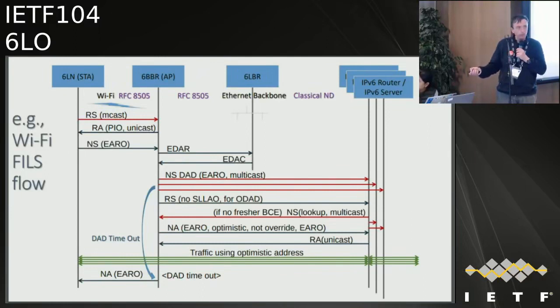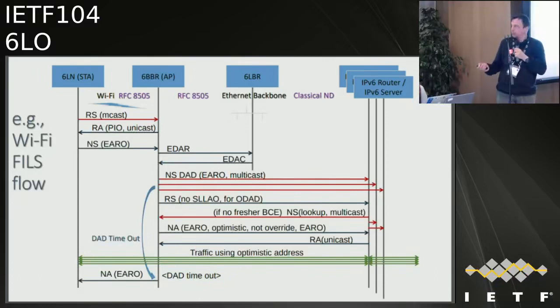Here, what we're really doing is using RS to populate the state in the router. And then the router doesn't have a state, goes to do an NS. Now the MAC address is known, it's that of the 6BBR, or if we're in bridge mode, it's that of the STA directly. And now the traffic can start immediately, no wait.